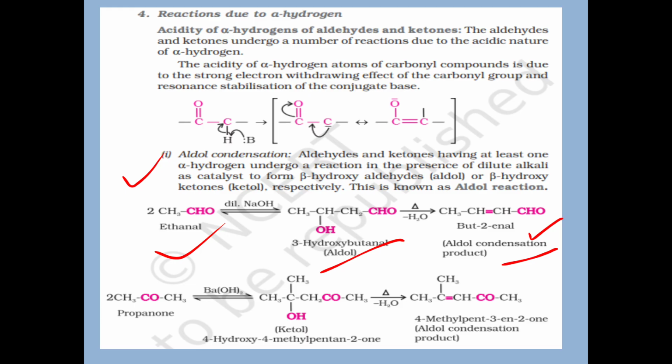Barium hydroxide with ketone will also give an aldol condensation product, 4-methylpent-3-en-2-one. The reaction occurs through the formation of the enolate anion.